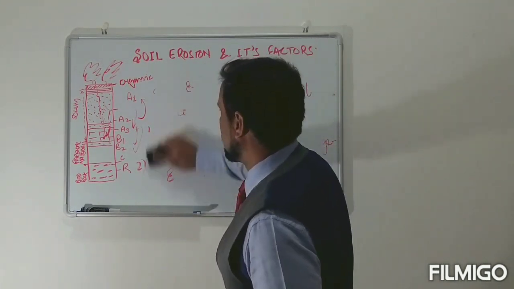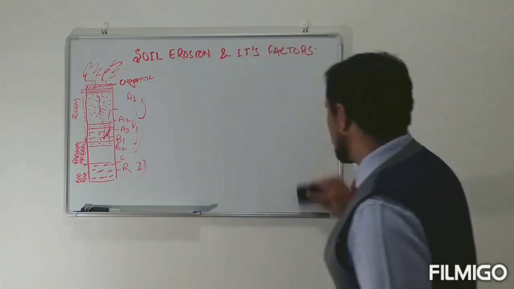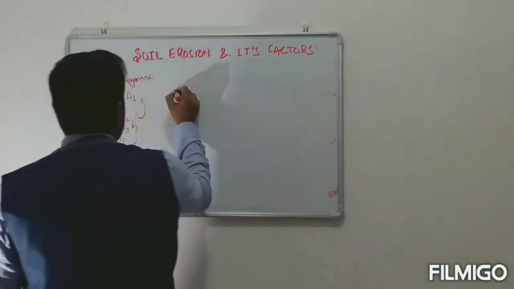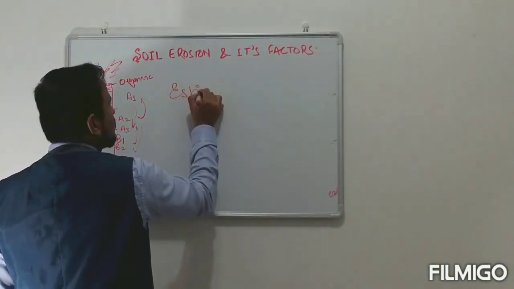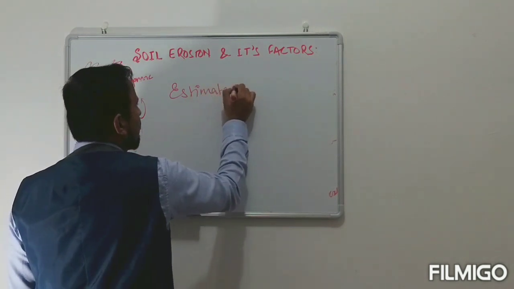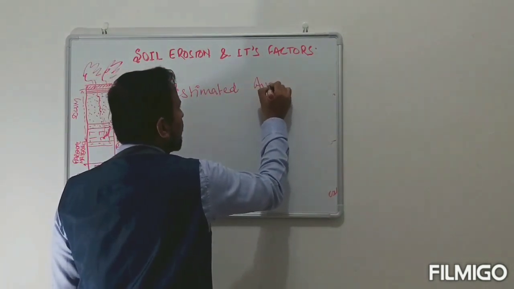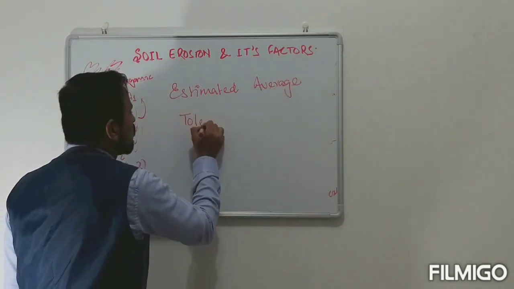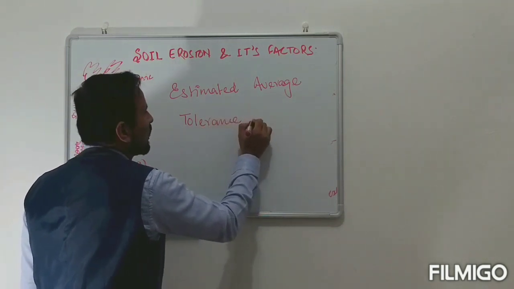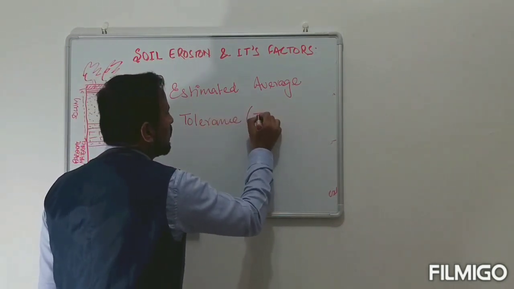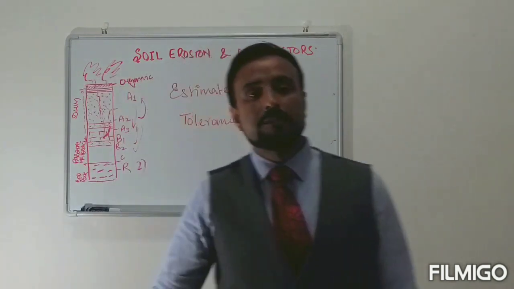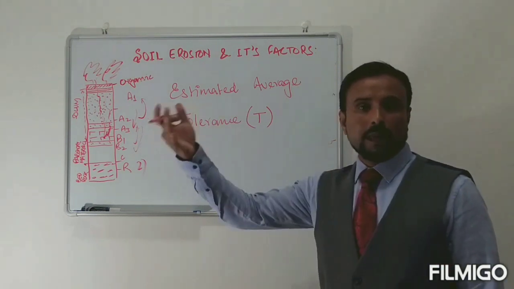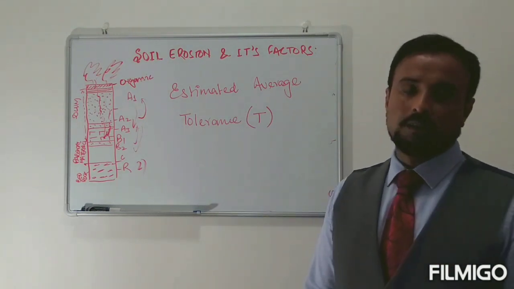When a soil is going through erosion, there is a term that we use called estimated average tolerance of a soil, T. Estimated average tolerance is a term used for how much a soil can bear the erosion processes.